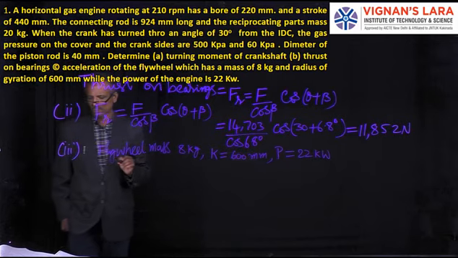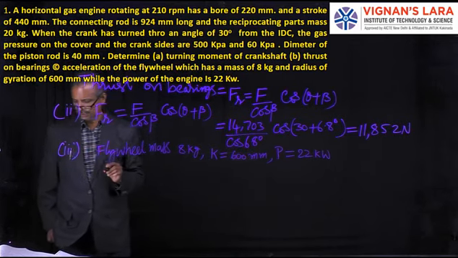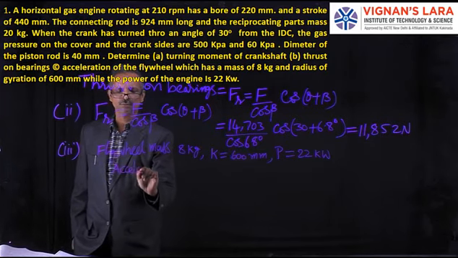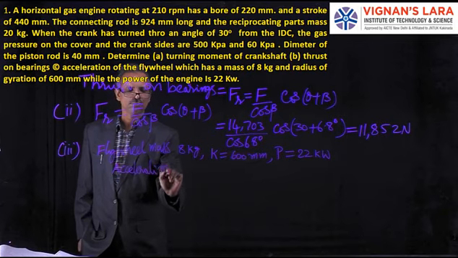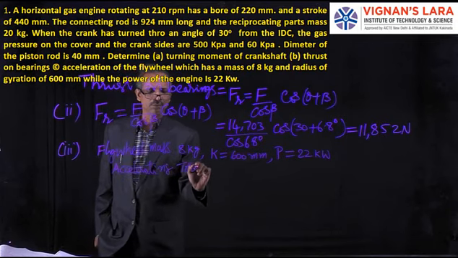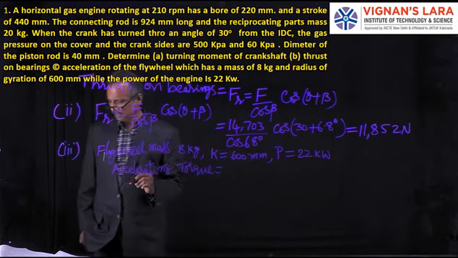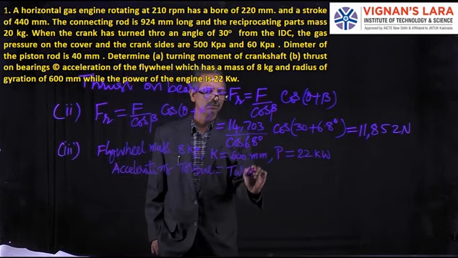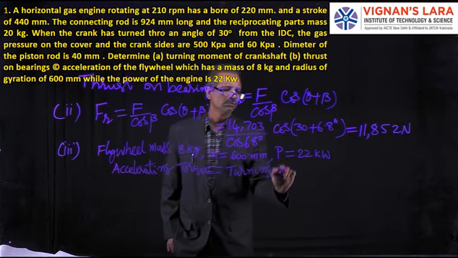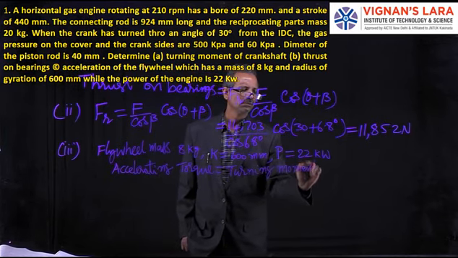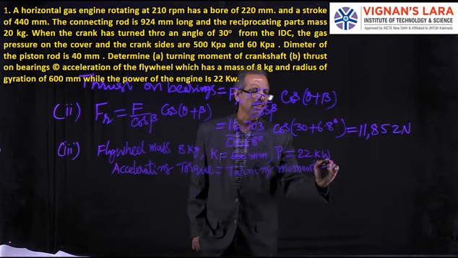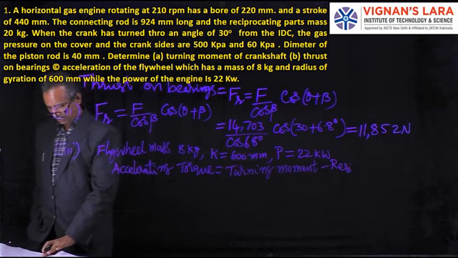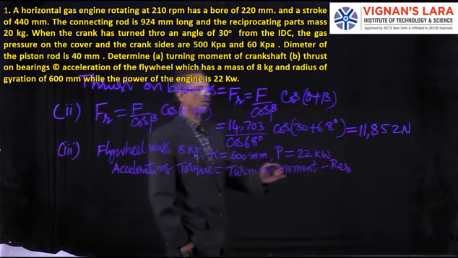So we know a simple basic thing: accelerating torque is nothing but the difference of turning moment minus resisting torque. What is the value of these things?